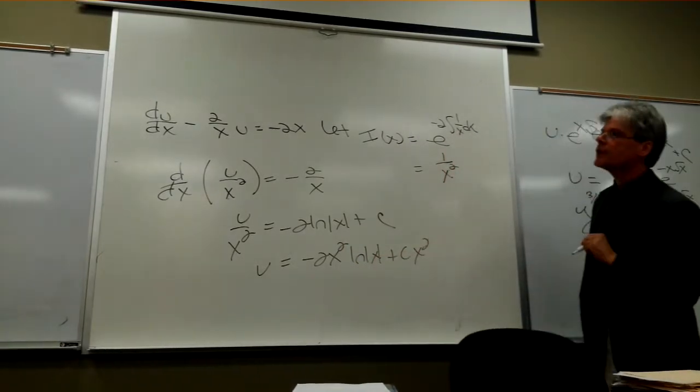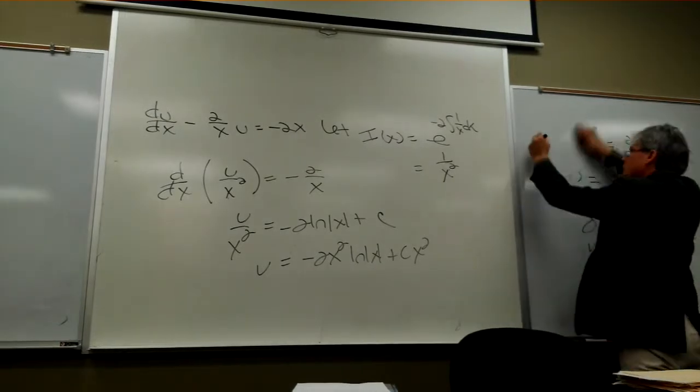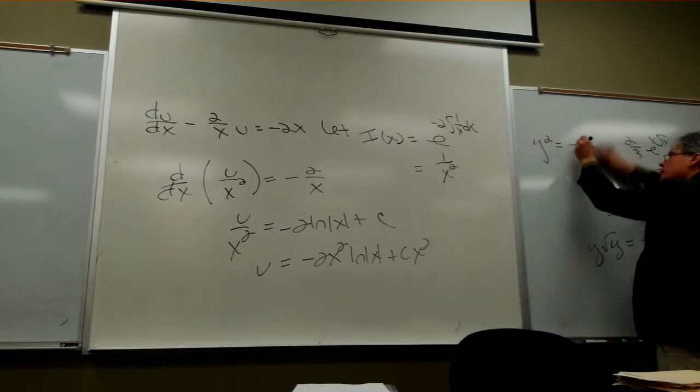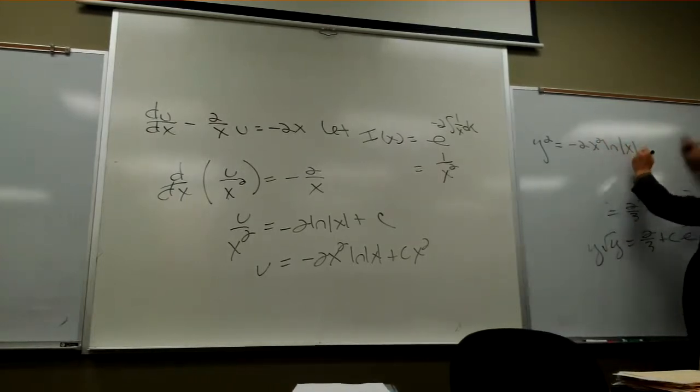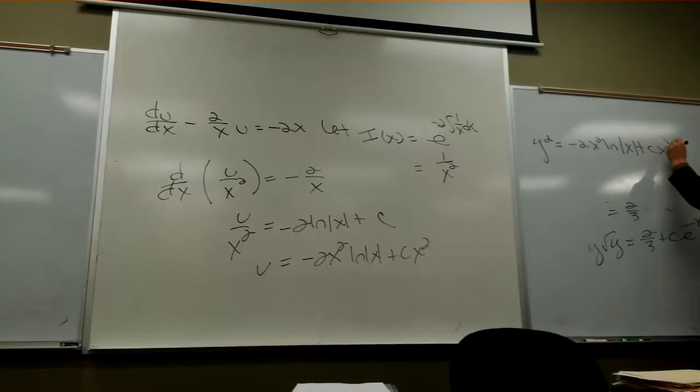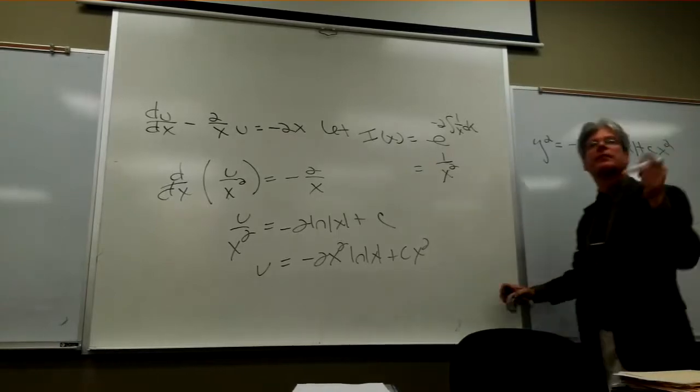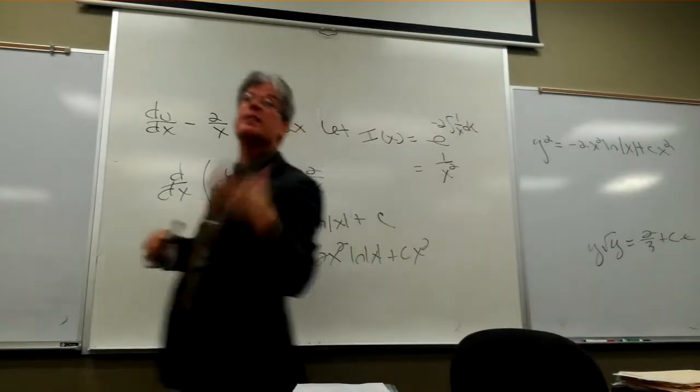Oh, I forgot y's original name. Is it y squared? Oh, you know what? I forgot I made the stipulation x is strictly positive. So I guess I didn't mean the absolute values.